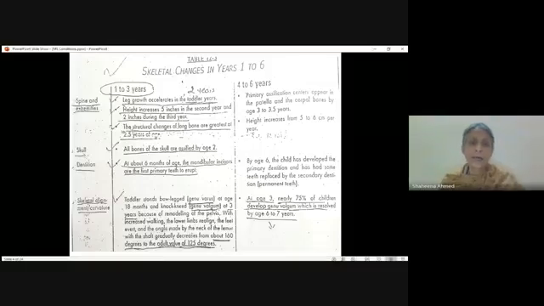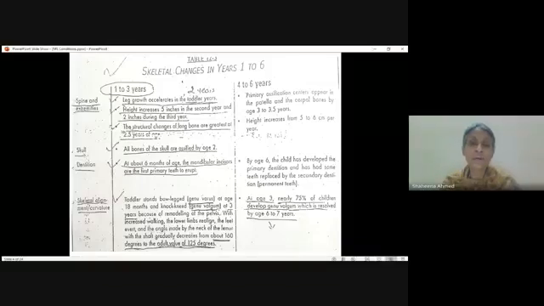Now, by the year 2, we sometimes see it in 1.5 years, but definitely by 2 years, all the bones of the skull have ossified. There are no fontanelles seen, neither the anterior fontanelle nor the posterior fontanelle.